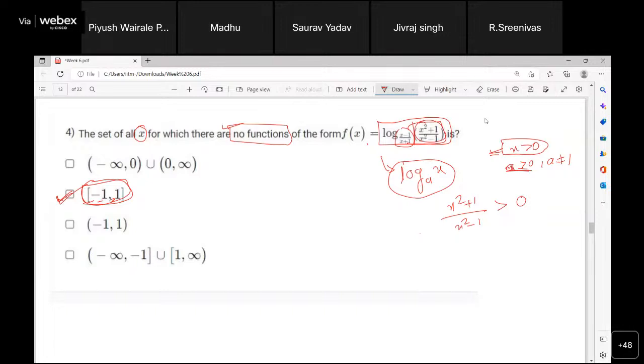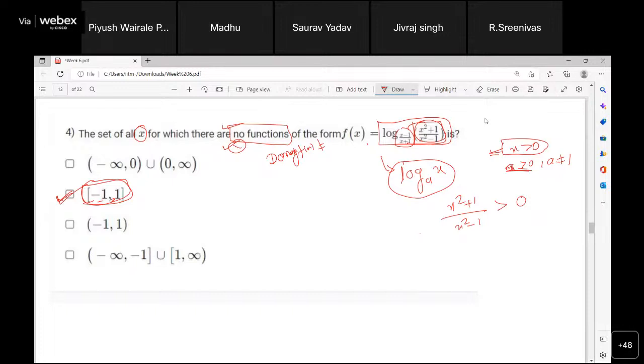So x square plus 1 upon x square minus 1 should be greater than 0. For what value it will be less than 0, for that value there will be no function, right? It will not be in the domain of f of x. It is not included in the domain.